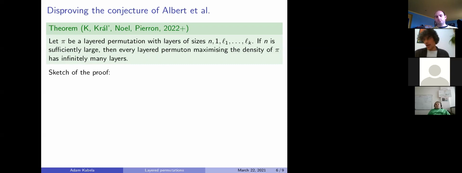Here's how we prove that. For the sake of a contradiction, we suppose there's a layered permuton maximizing the density of the pattern and having only finitely many layers. In addition, we assume that all of those layers are of non-zero measure.